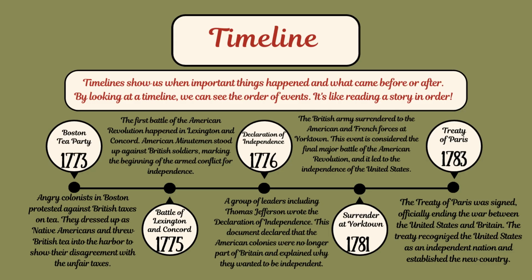And number two, that is the Battle of Lexington and Concord, 1775. The first battle of the American Revolution happened in Lexington and Concord. American colonists shot against British soldiers, marking the beginning of the armed conflict for independence.